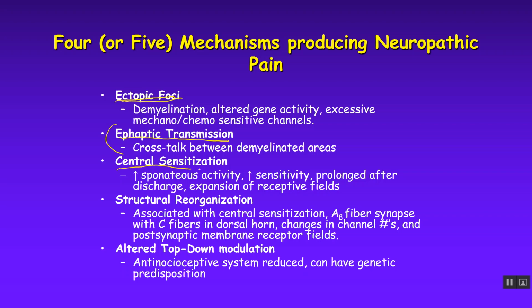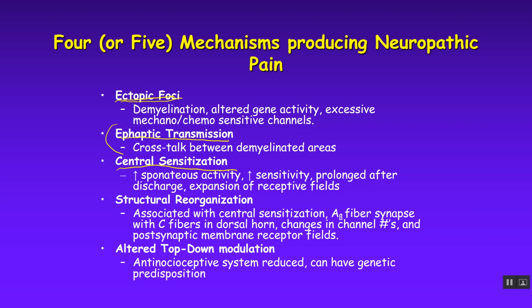Then there's central sensitization, where the more you use something, the stronger the connections between them get. But you can get to the point where they're so strong that it becomes a negative, okay? You strengthen these connections between the axons and the different orders of neurons.